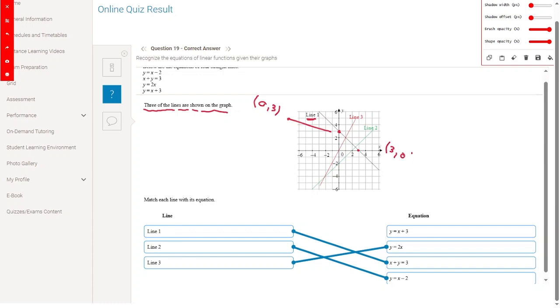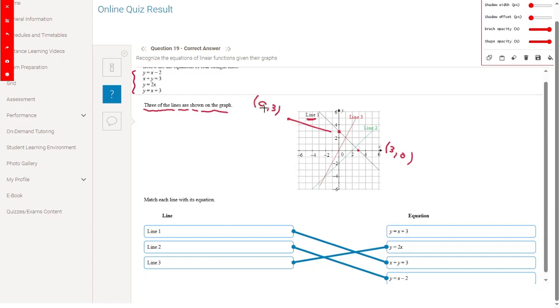This is for line 1. Now, to see which of these straight lines matches this line, we can substitute these 2 points into the equations and see if it works or not.